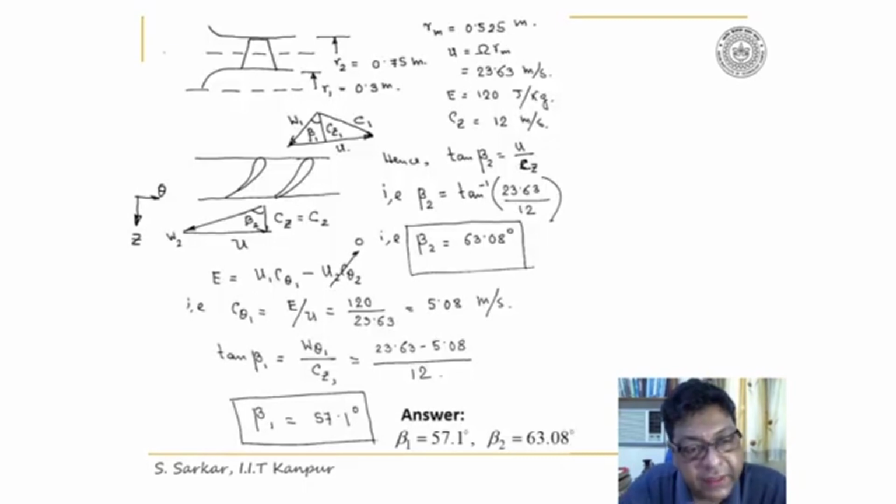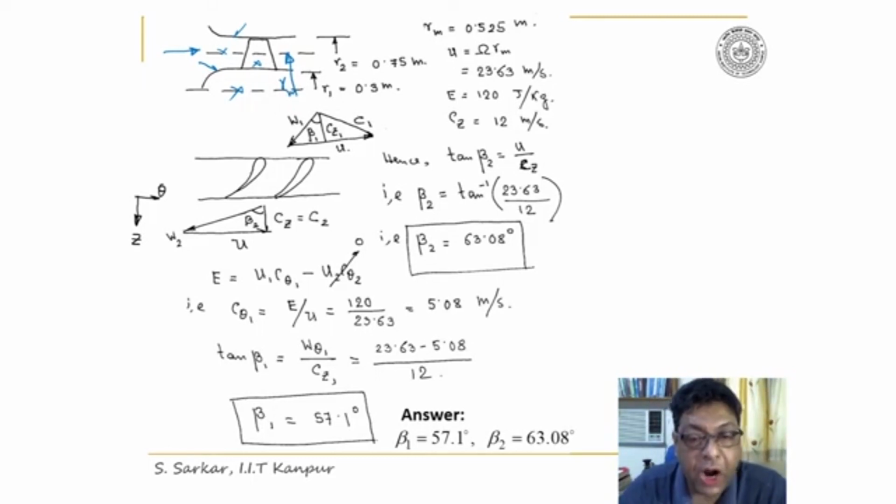Again, I have illustrated this schematic here. As before, I have indicated hub, casing, and the impeller, axis of rotation, and a plane, which is the central plane between the hub and the casing. And let Rm be the radius of the central plane.